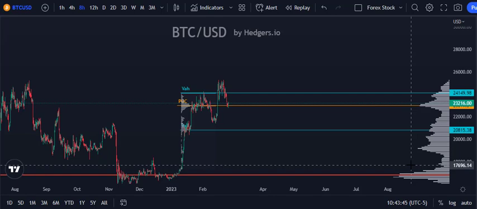You can scrape all of the levels, value area high, low, and POC, or daily naked POC, weekly naked POC, or monthly naked POC from the EXO software. That is way more convenient for a trader to mark the levels. But if you want to do it manually, this is the way to do it.